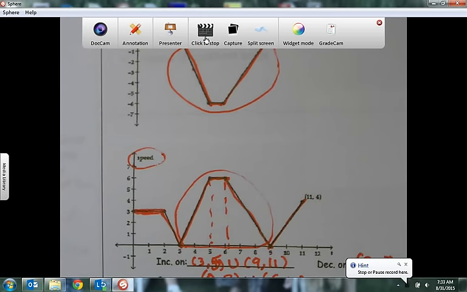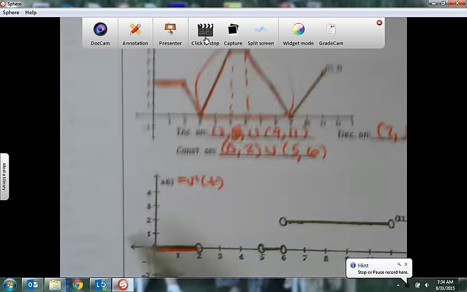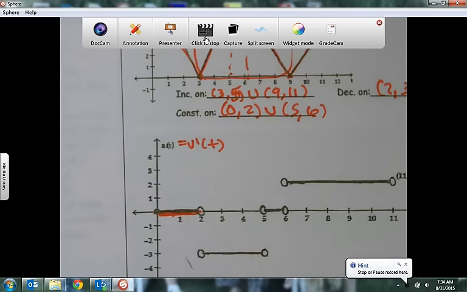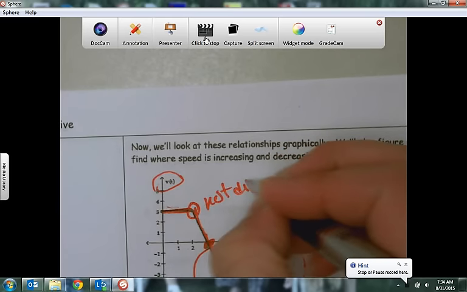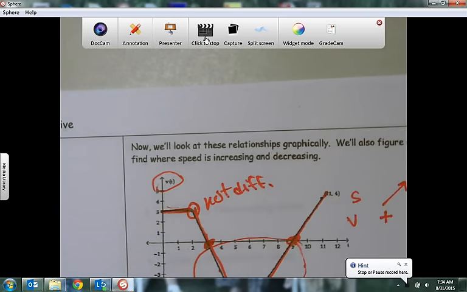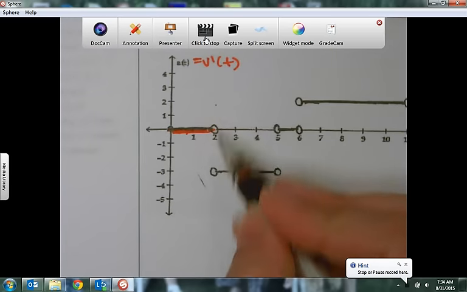We'll come back up here. So here my velocity is constant, so the derivative is 0. And remember, this point right here is not differentiable because it's a corner. So when I look at the derivative, I can see at 2, that derivative isn't defined. It does not exist.